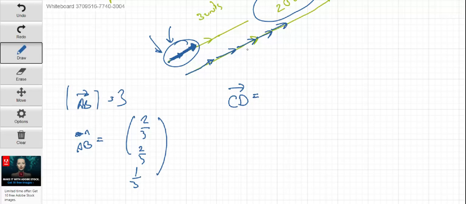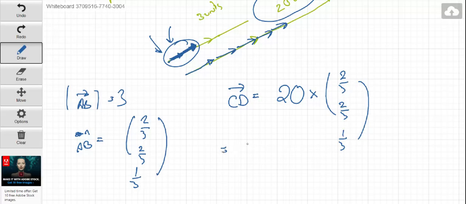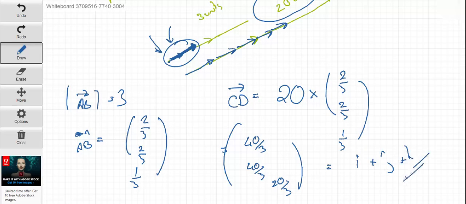Because both AB and CD are parallel to each other, all I have to do is multiply this by 20. And the answer is 40/3, 40/3 again, and 20/3. Or in the form of ijk, you can write it in any way.